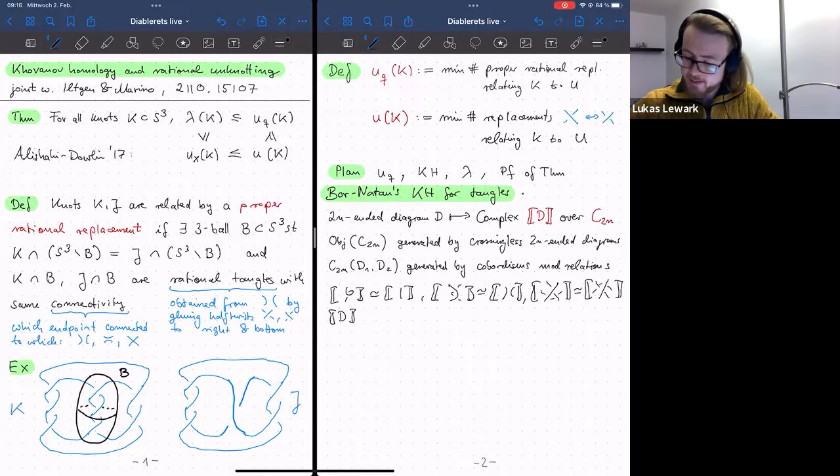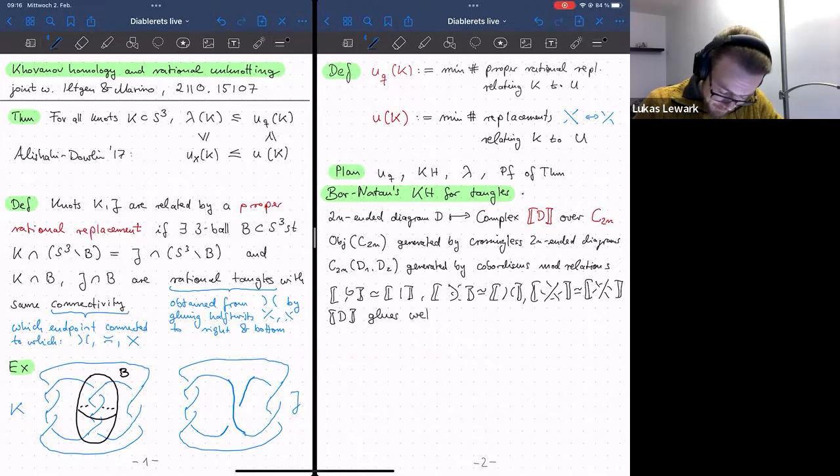these complexes glue well. If you can cut up a tangle diagram into several smaller tangle diagrams, then you can read off the complex of the big tangle diagram by taking a certain tensor product of the complexes of the small diagrams. So I'll just write that this glues well.